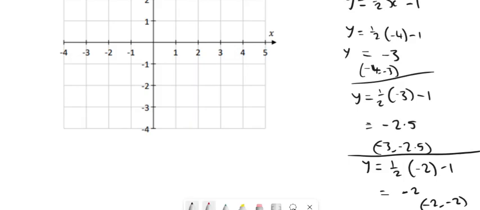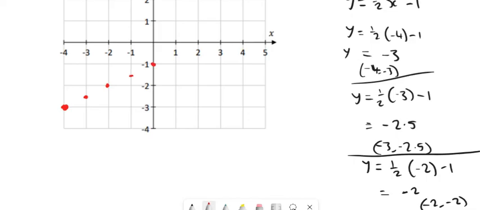So if you're to plot those points then on the graph, minus 4, minus 3 is down there, minus 2, minus 2 is there, and the other one we have was minus 3, minus 2.5, so that's obviously there. So you can see what's happening. We're getting a pattern. Next one will be there and there.